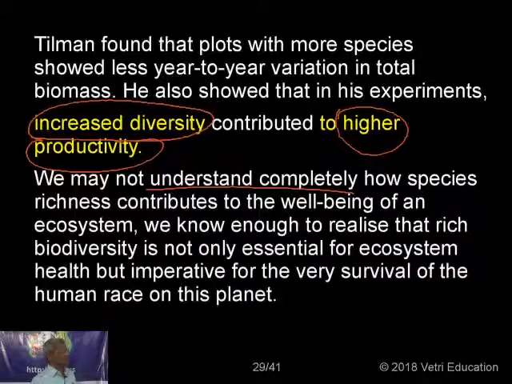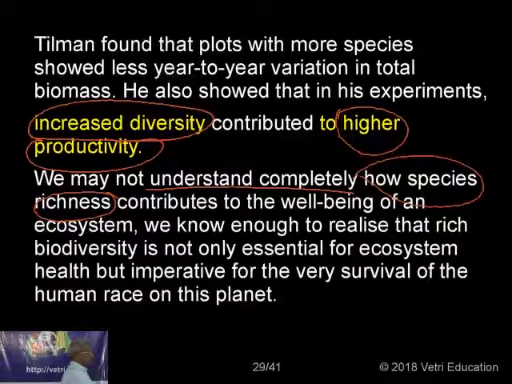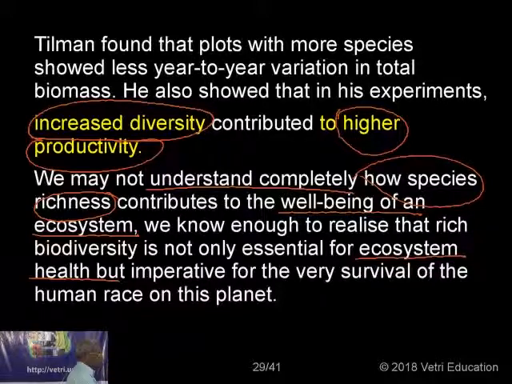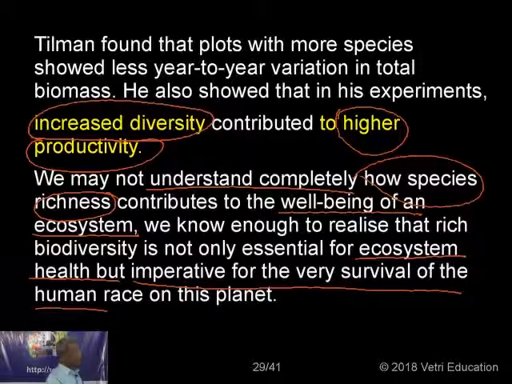We don't understand how species richness is contributing to the well-being of an ecosystem. But one thing is very sure: species richness is good for ecosystem health, and it is imperative for the very survival of the human race. If there is no species richness, the human race itself will be in peril.